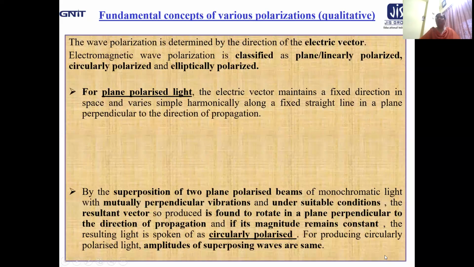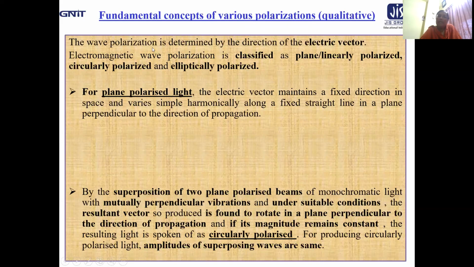Now let us move to the next part, that is the fundamental concept of various types of polarization, basically the classification, which we will discuss in the form of a qualitative idea as per our syllabus. Now the wave polarization, we all know, is determined by the simultaneous oscillations.